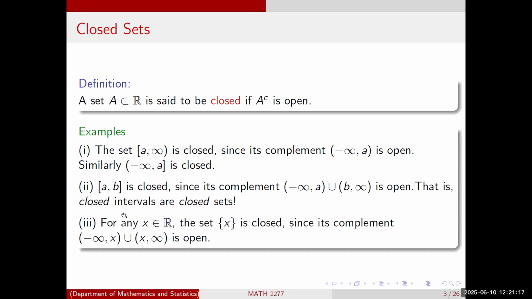Now, what about singleton sets? For any real number x, the set with just one element inside of it, these are called singleton sets. These sets are closed. Again, why are they closed? Just look at the complement. The complement is just everything outside of this set.